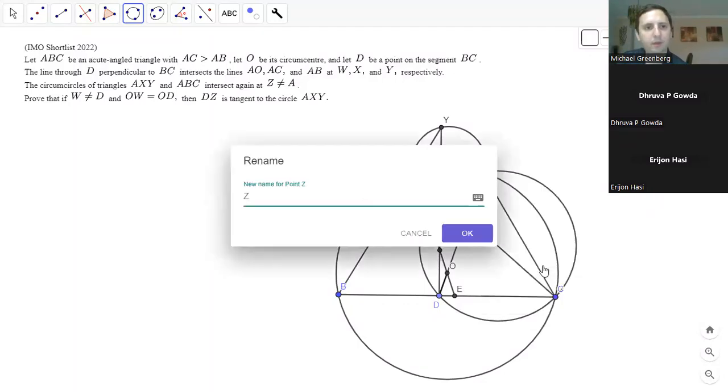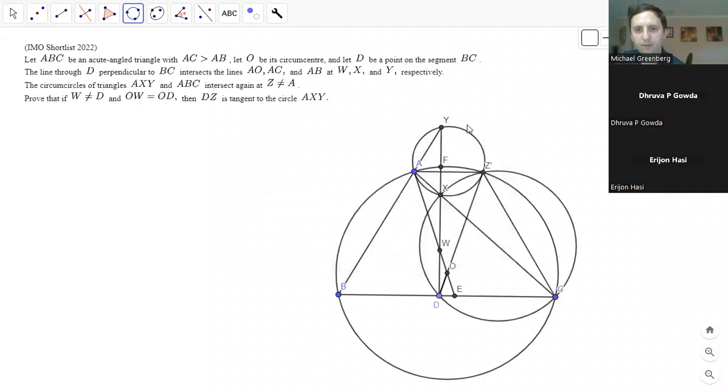So let me first define Z prime like this. Let Z prime be such that AZ prime CB is an isosceles trapezoid.